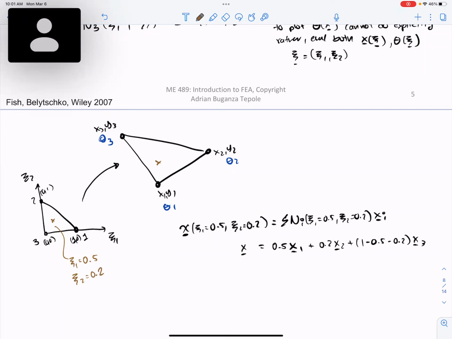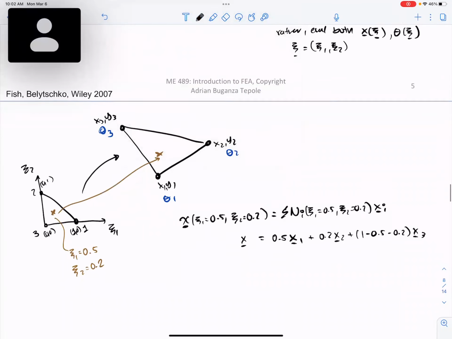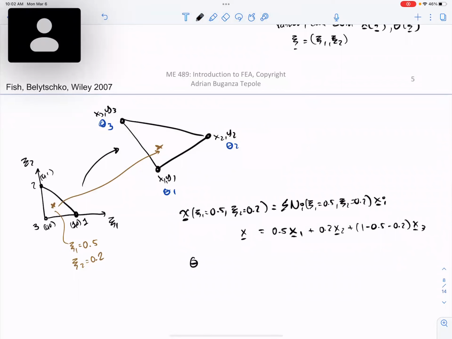But again, we picked psi1 equals 0.5, psi2 equals 0.2, and then we evaluate the corresponding xy by evaluating this map. It will tell us where that point goes to. It is really basically a map from here to here. And then we are evaluating not only that, but we're evaluating the theta.